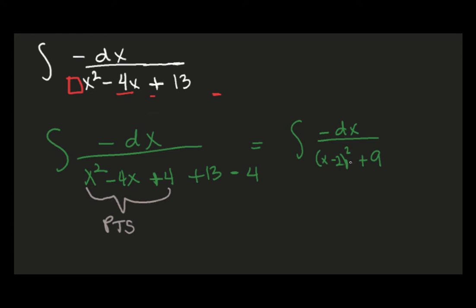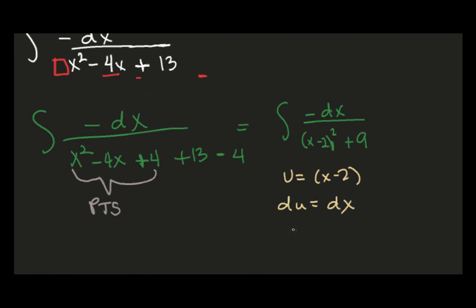And now it looks a lot more like an inverse trig, right? D box over box squared plus a squared. So what you can do is you can then let u equal x minus 2. du then becomes dx.